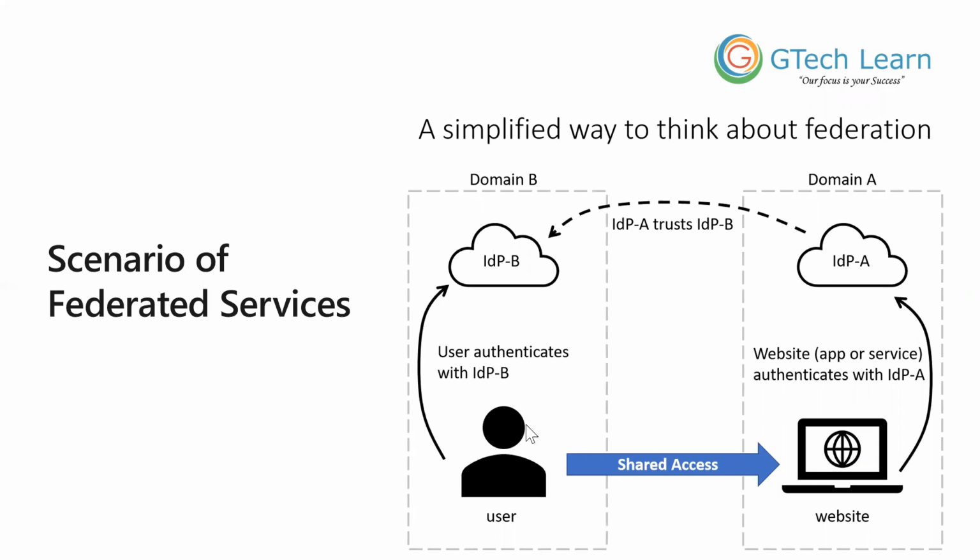For example, a user has an authentication with identity provider B. Also, if he wants to access a particular website, but this website uses the authentication of identity provider A, but identity provider A trusts identity provider B. So identity provider B trusts the user.